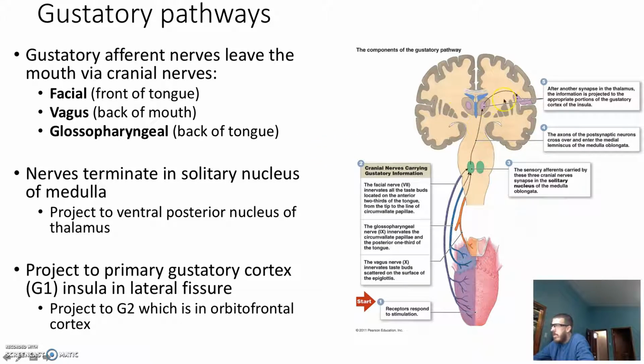And from there, it's not shown on this diagram, but the information projects to the orbital frontal cortex to meet the information from our olfactory system. So this pathway goes from the tongue into the brainstem to the thalamus to the insula and then up to our frontal cortex. Well, you'll recall is where the conscious perception of the taste and smell is represented.